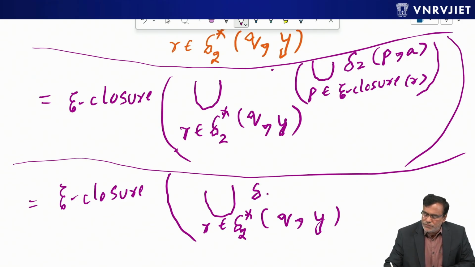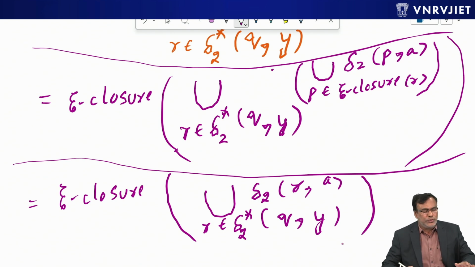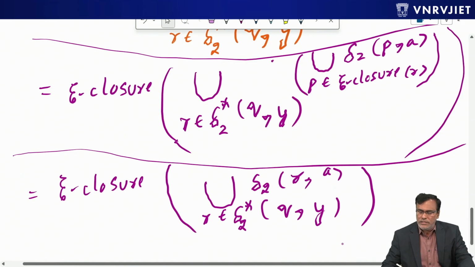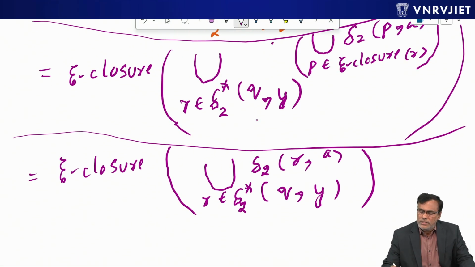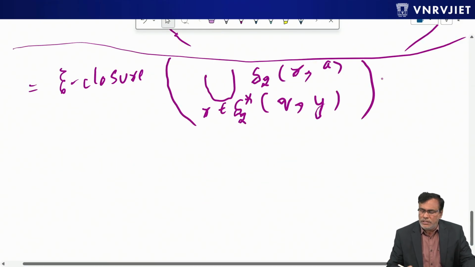R belongs to, you are saying, therefore it becomes delta 2 of RA. Delta 2 of RA. This is what it says. Two unions are unnecessary. I just eliminated one, and also this is a subset of that. So for that reason, I am eliminating one union.